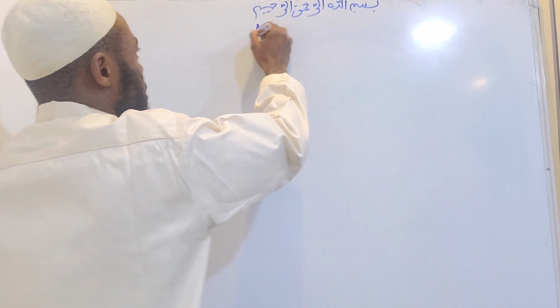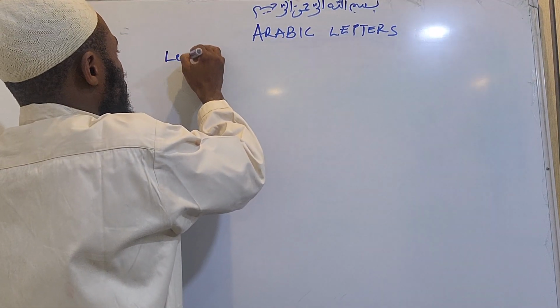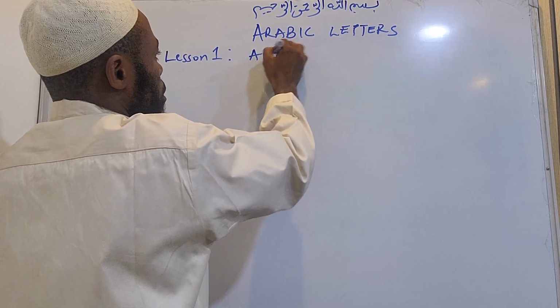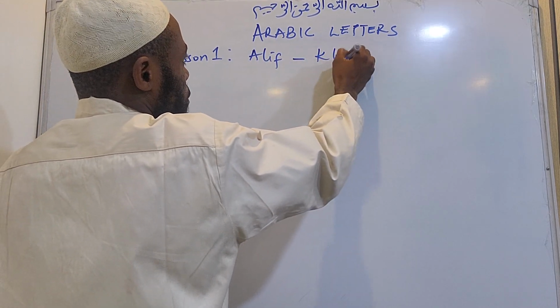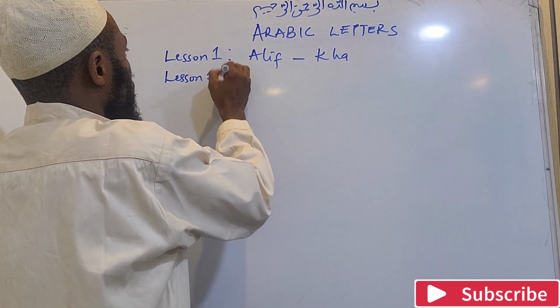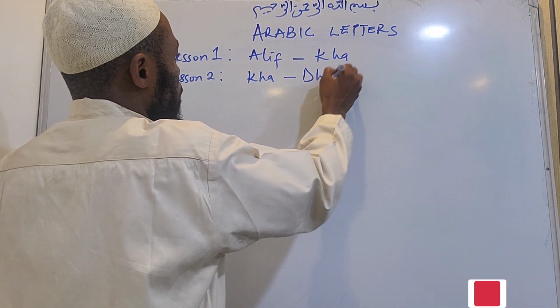So we have Arabic letters. The last class, lesson 1, we learned Alif to Ha. For this class, which is our lesson 2, we are going to be learning from Ha to Dod.